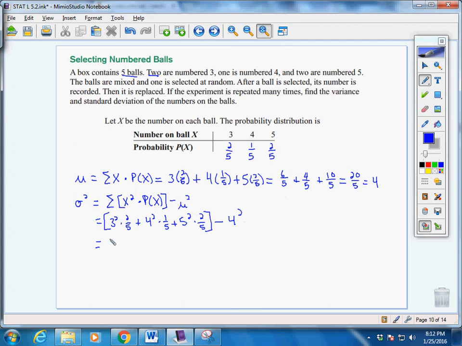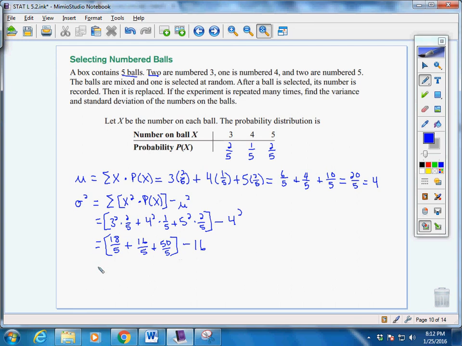3 squared is 9. 9 times 2 is 18, so we have 18/5. Then 16/5. Then 25 times 2. I know we can simplify that, but I'm just going to leave it for now. It works out to be 50/5. Minus 4 squared, which is 16.